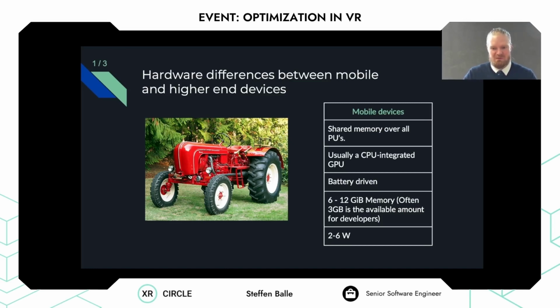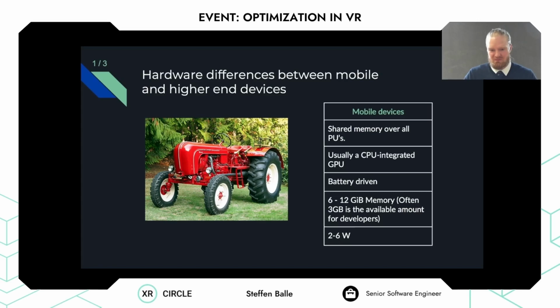It's also mostly battery-driven. The Oculus Quest 2, for example, is battery-driven, as are mobile phones, tablets and so on, which really limits and throttles the CPU a lot. You also, as a software developer, have a lot less memory to build upon, so you have less wiggle room when it comes to trading off CPU and memory for whatever you need.